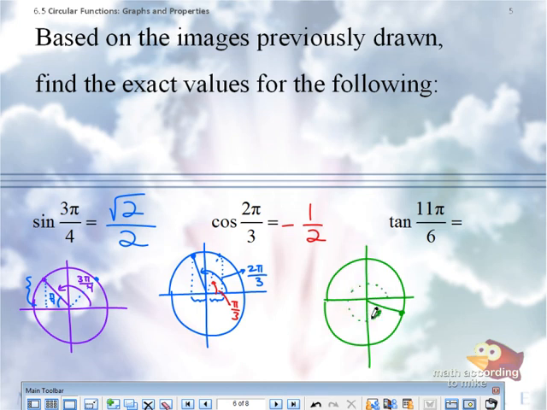This right here is 11 pi over 6. Tangent is what in that quadrant? Negative. Only cosine is positive. All right, what is the reference angle to 11 pi over 6, in terms of radians? Pi over 6.